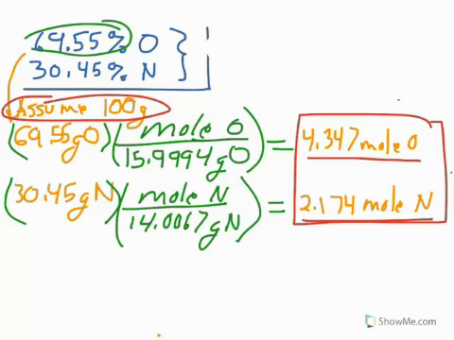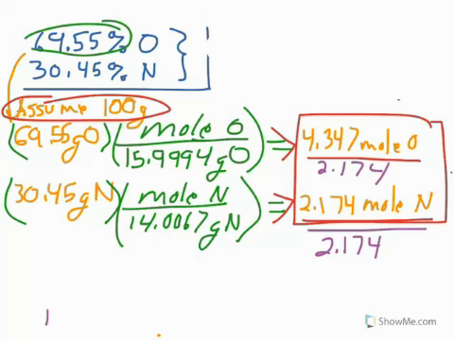So these are not whole numbers, so I got to make them into whole numbers. So I'm going to change this to an implies symbol because they're no longer going to be equal, and I'm going to divide both of these numbers by the smallest. And all I'm doing is ratioing them into whole numbers. So on the bottom I get 1 mole of nitrogen, and I'm going to box that because they're not divided.